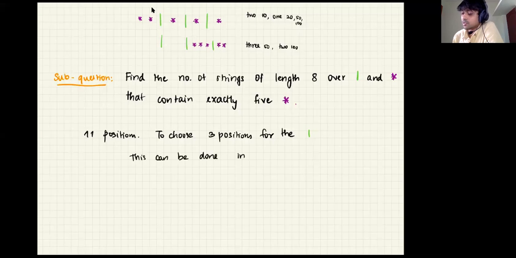Sorry, there are not 11 positions, there are 8 positions. We need to choose 3 positions for the bar, and this can be done in 8C3 ways, which is the same as saying 8C5. You can either choose the bar or the star. So the final answer is 8C3.